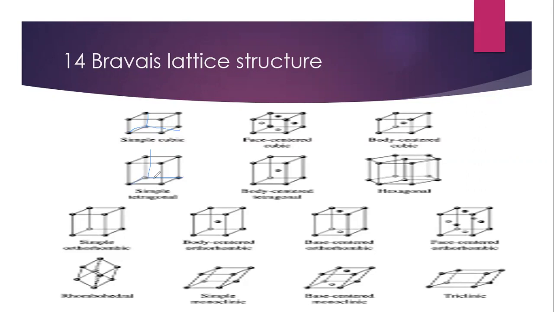But all the three edges are perpendicular to each other, so the angle will be 90 degree. So here A equal to B but not equal to C, and angle alpha beta gamma is equal to 90 degree. Same here, body centered cubic structure, atom came at the center, but once again A equal to B but not equal to C, and all the three edges are perpendicular, so it equal to 90 degree.